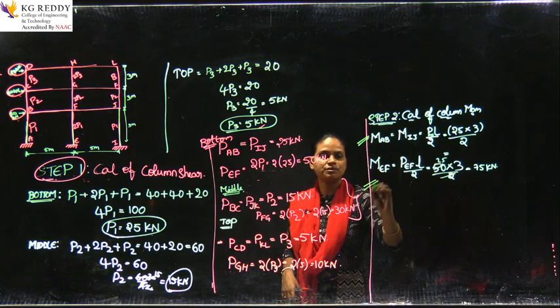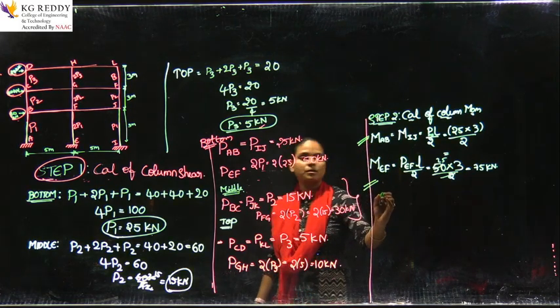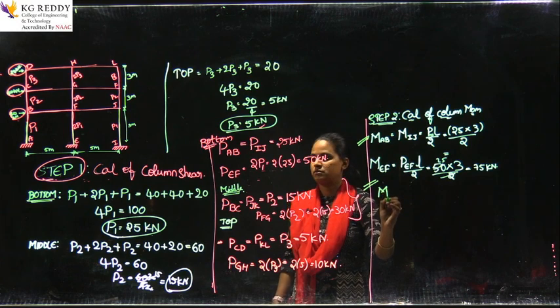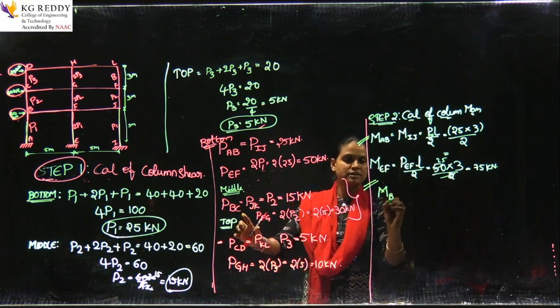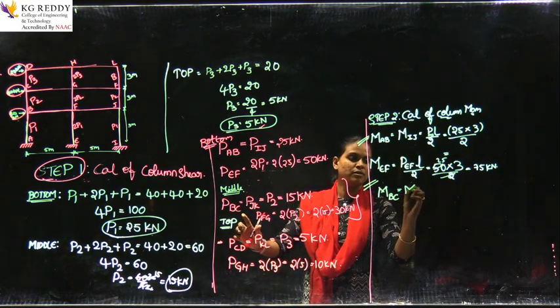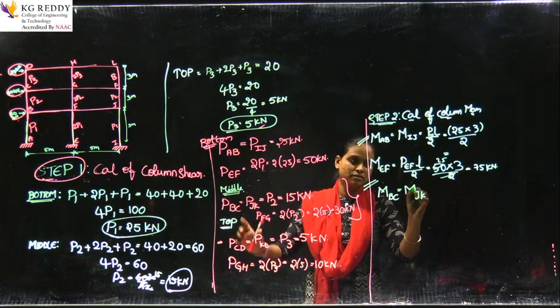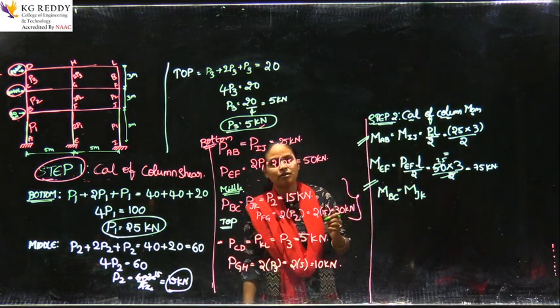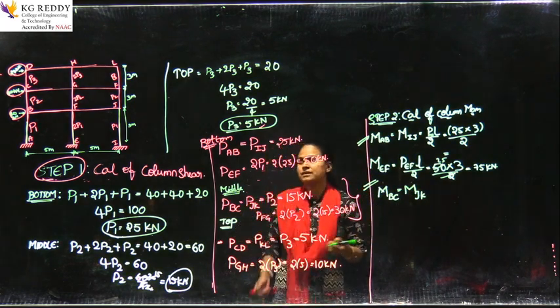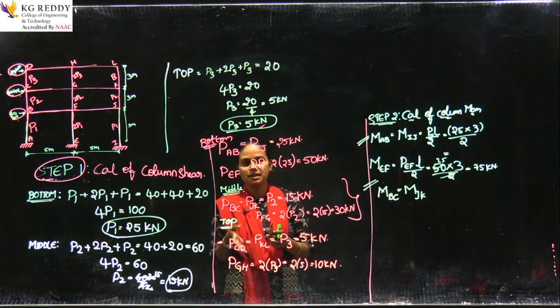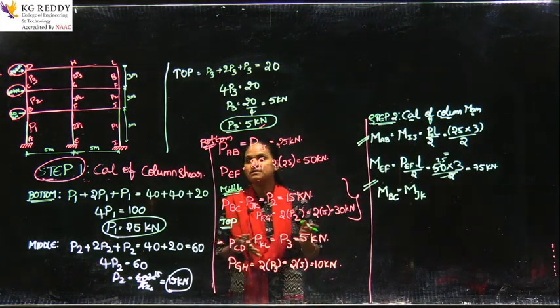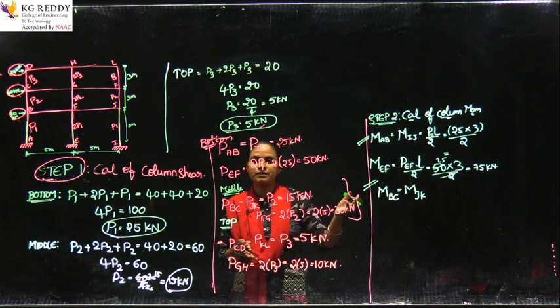Next, for the middle story, you will have moments about BC equal to moments about JK. See, this is not the same for all the problems. For example, here you have the same distance, so as the distances are the same, you will have the moments also the same.